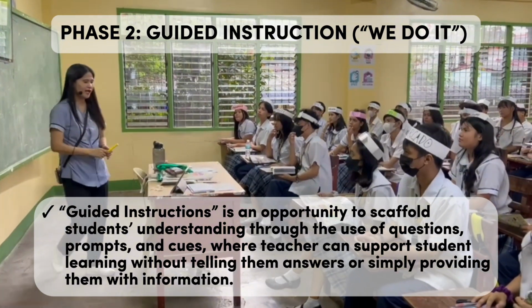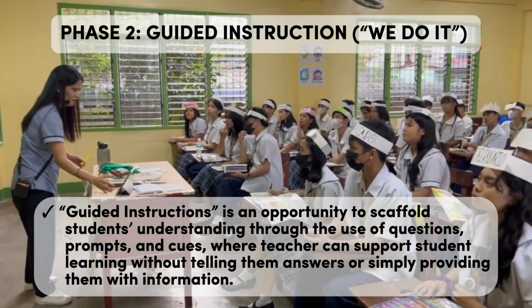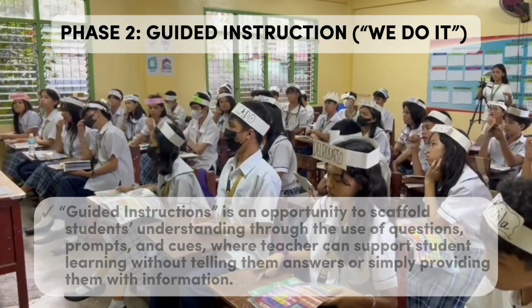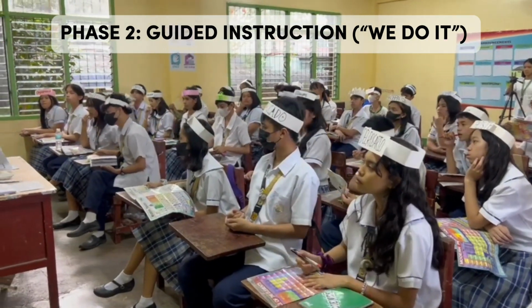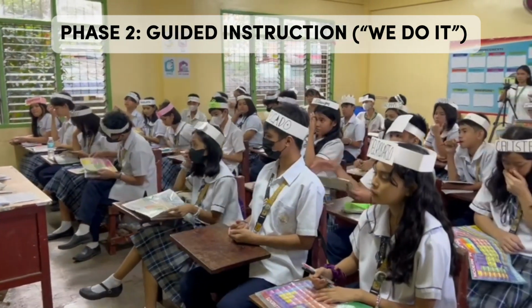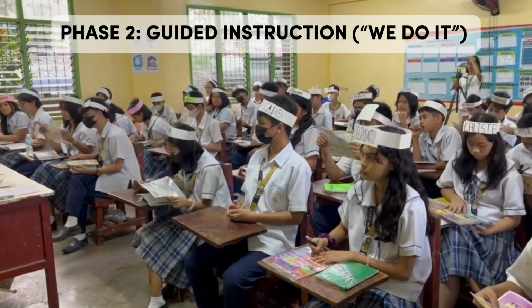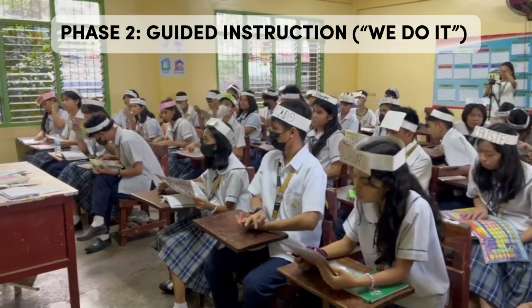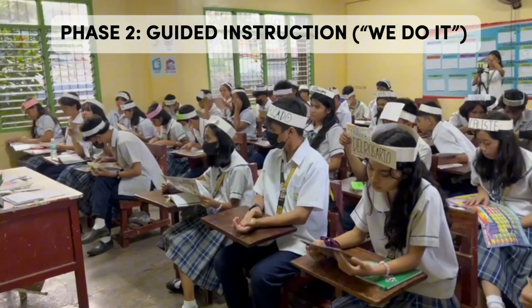Let's have a sample, but we will do it together. While I prepare the sample, you look at the periodic table to check if the information flashed here is correct. Then we will have a recitation, one by one.